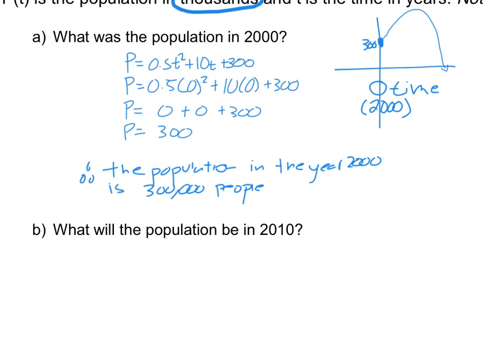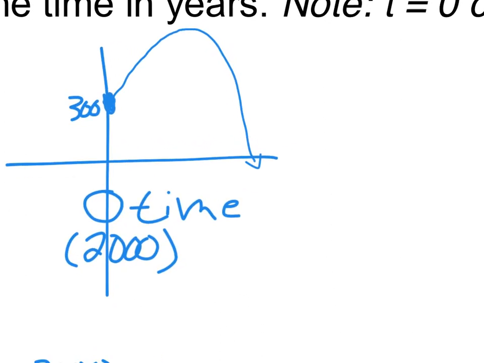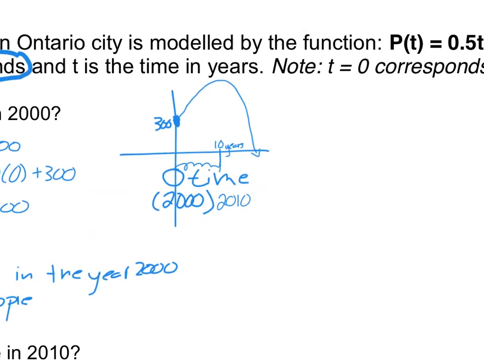Now I'm going to look at the next question, which is asking me to find the total population in 2010. So if I go back to this graph that I've made, kind of like a sketch of what's happening here, the year 2000 is 0 years. Now, if I'm looking at the year 2010, that means that the amount of time that's passed would have to be 10 years from that year 2000.